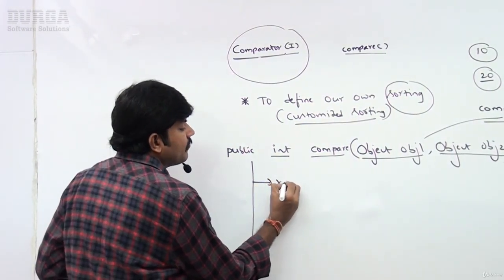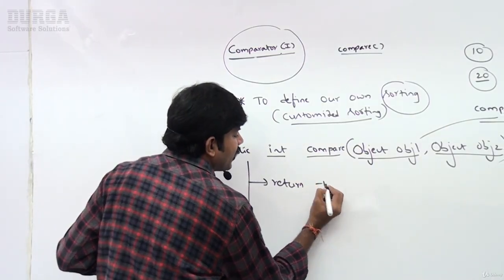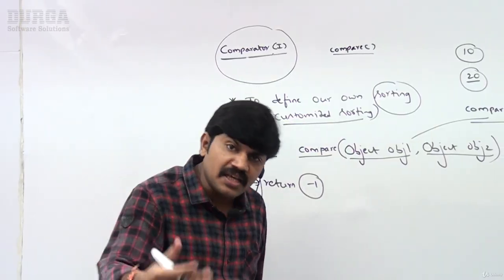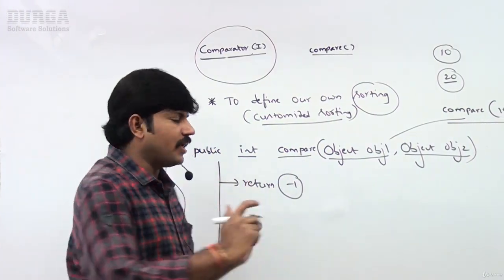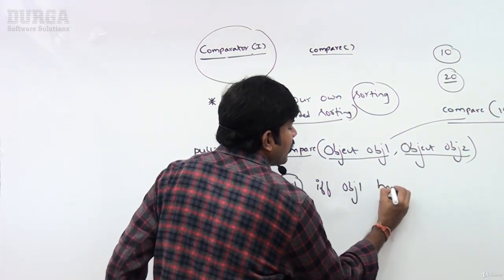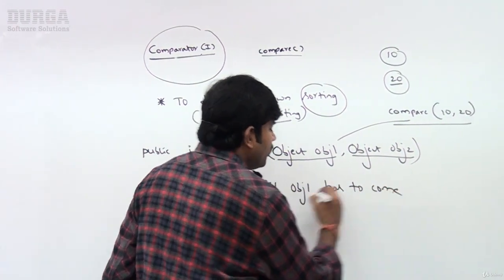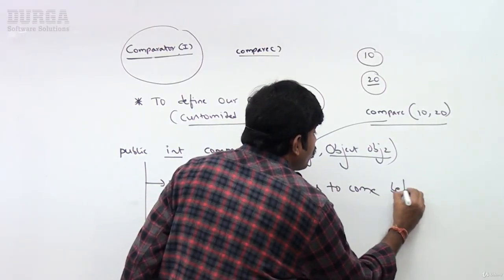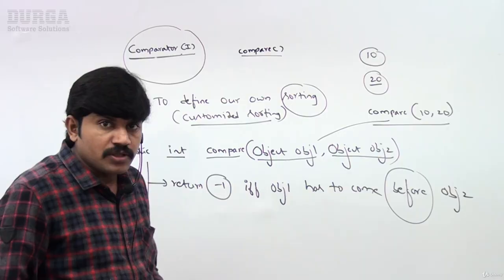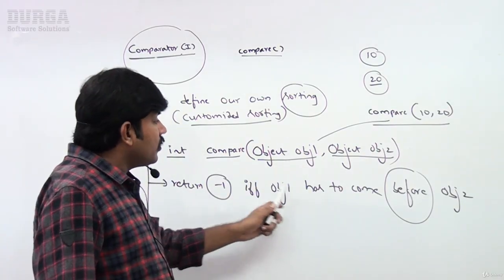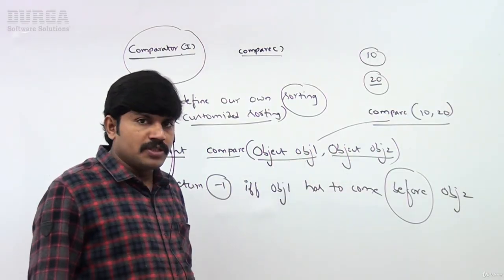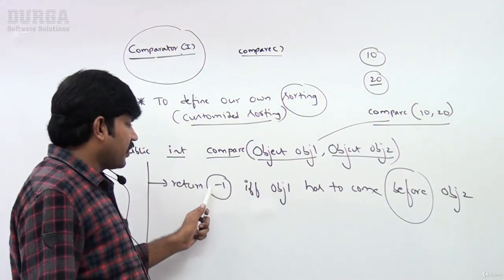It returns a negative value, need not be -1, it can be -100 or -1000, any negative value, if and only if obj1 has to come before obj2.